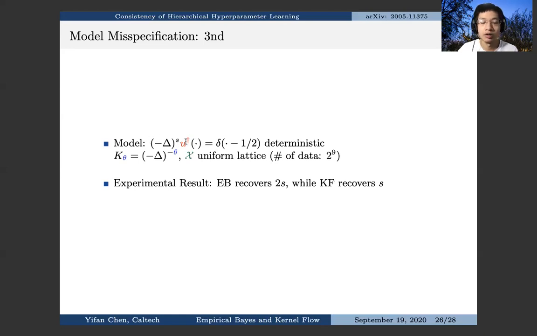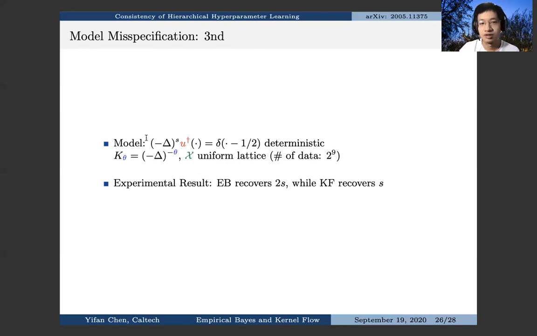So essentially, U dagger is a Green's function of this differential operator. Using this U dagger, we use a Matern class model to define the EB and KF estimators, and we still assume a uniform lattice of data points. We can use this data to define our estimators and compute them numerically.